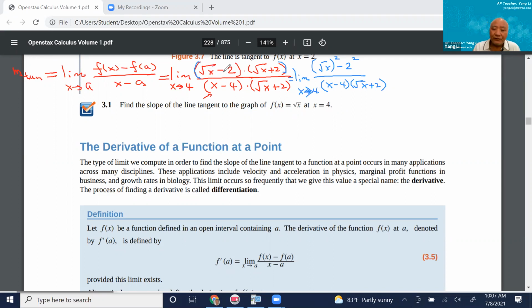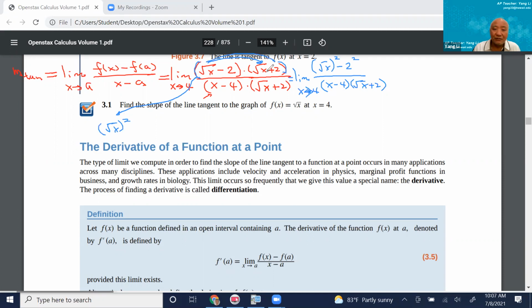You can use the difference of two squares, (a minus b)(a plus b) equals a squared minus b squared. a squared is just square root x squared, b squared is just 2 squared. That's one way. Of course, if you feel uncomfortable with that formula, you still can do it this way. You can go by this one times this one. That would be square root x times square root x, just square root x squared.